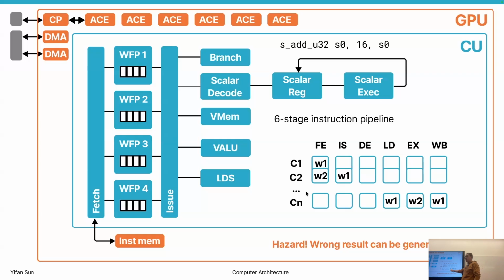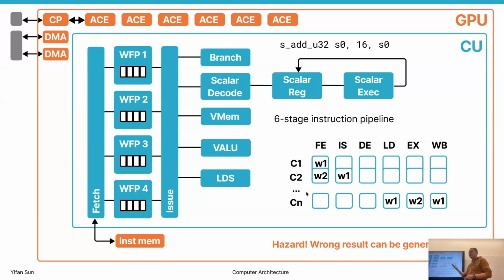So this will likely load the old data, not the new data, right? So here, load and write back stages will have this problem. So what is it called? This is called a hazard. A hazard means this pipeline cannot work properly if you don't take action to prevent this from happening. The wrong result can be generated, right? So we need a special mechanism to prevent this hazard.